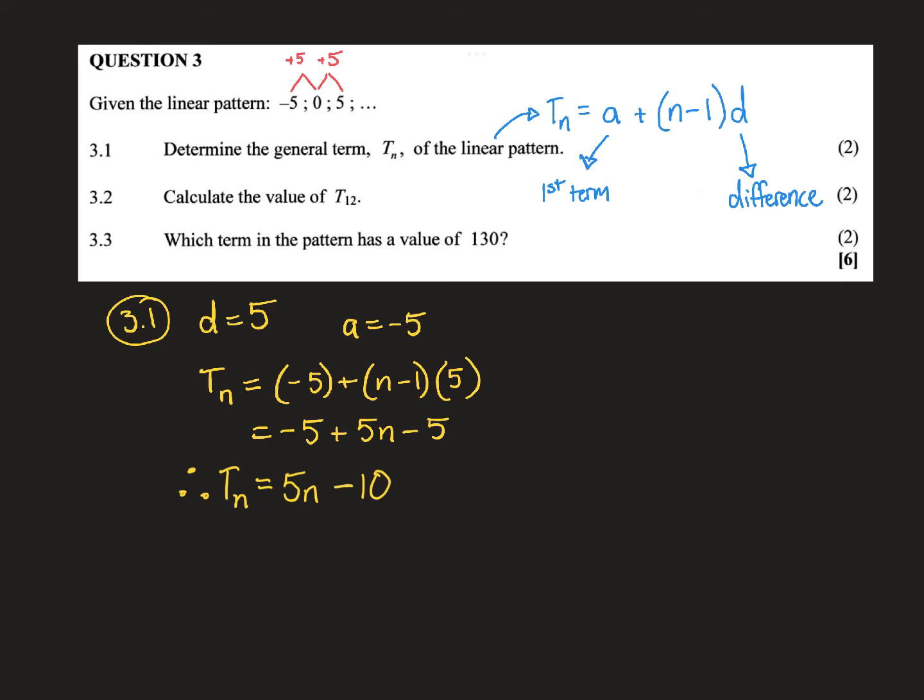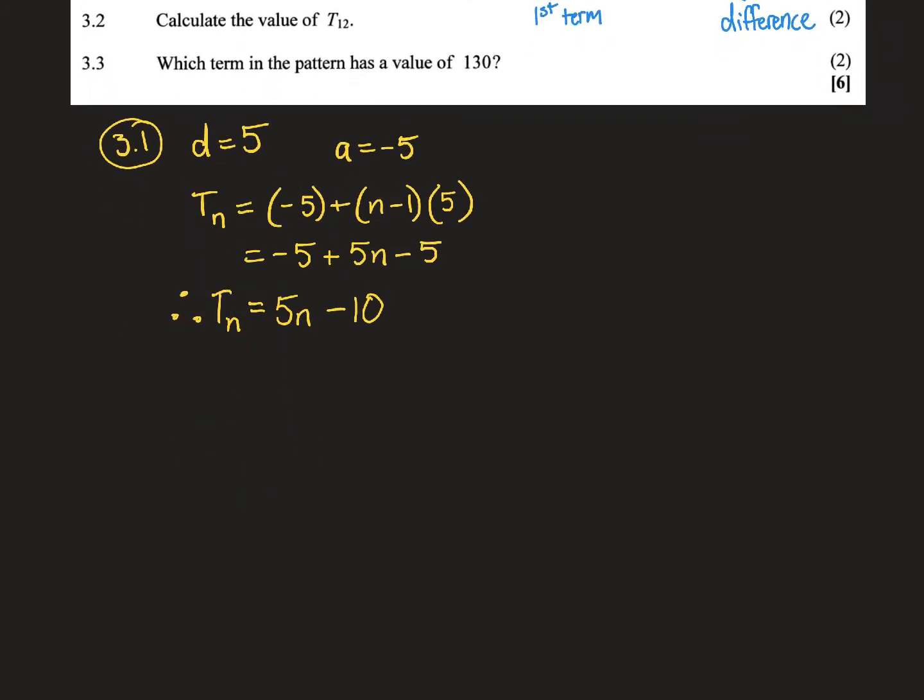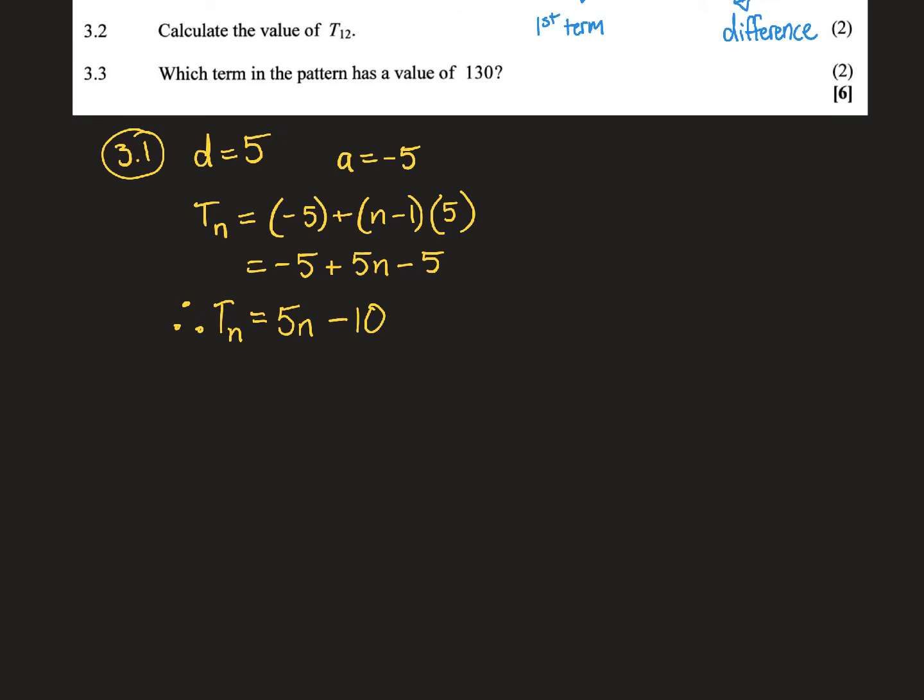The next part of the question asks us to calculate the value of T12. So what that means is, let's write 3.2, T12, and you'll see that in the formula Tn, the n has been replaced by 12. So wherever there's an n, we replace it with the value of 12, and minus 10, so that should give us an answer of 50.